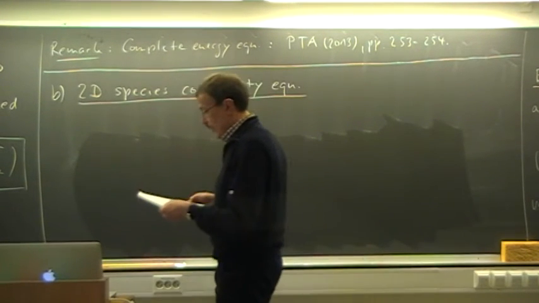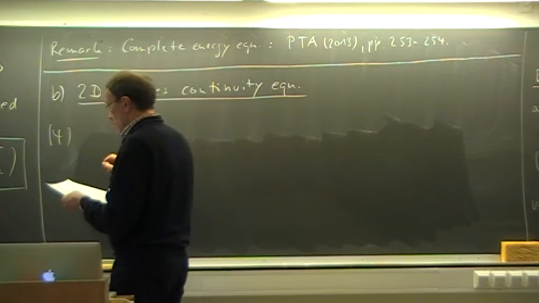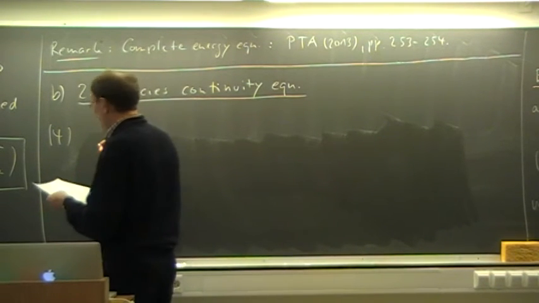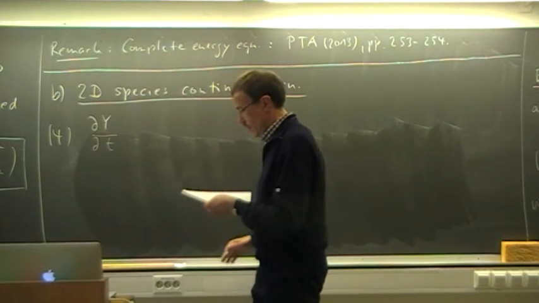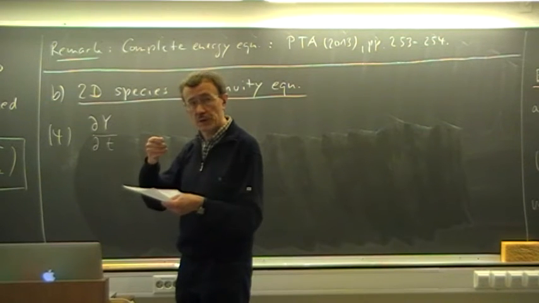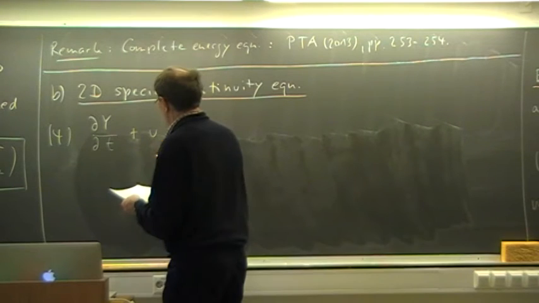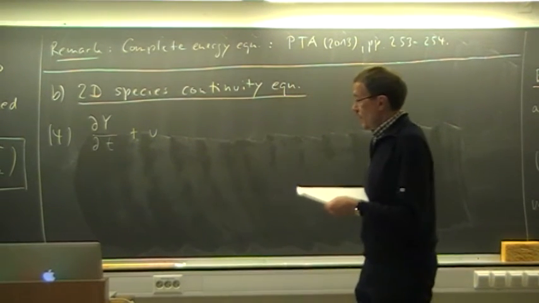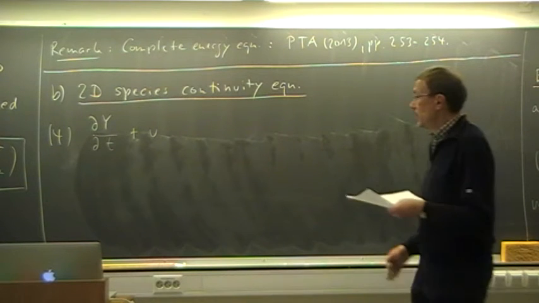Then we can write for each of these species a species continuity equation. And this looks like the following. I write it here in terms of the mass fraction y. I'll explain that in a minute. That's a way of characterizing the concentration of this species. Imagine we have here the concentration or the mass fraction of CO2 in a mixture.